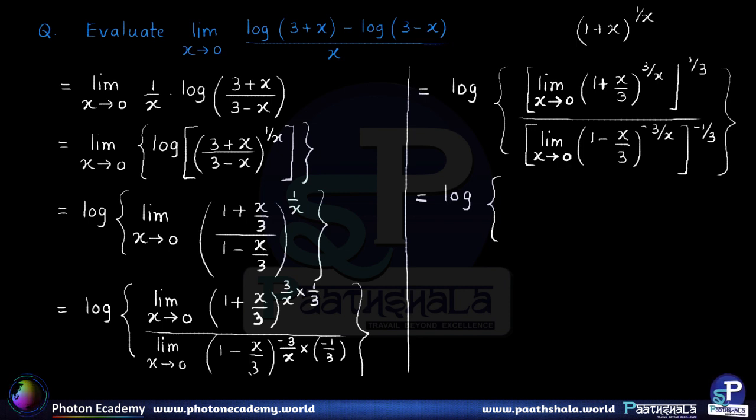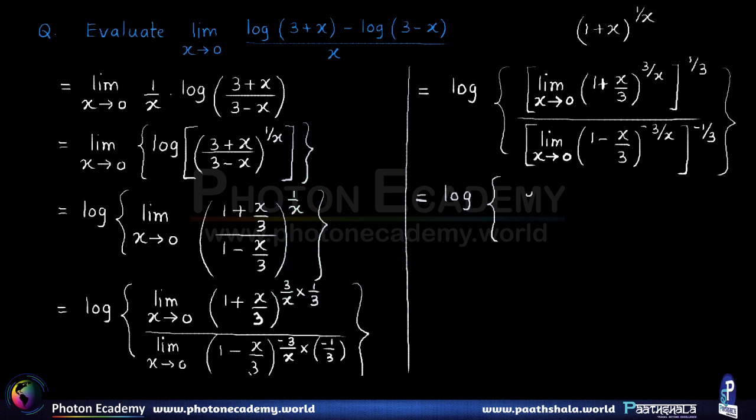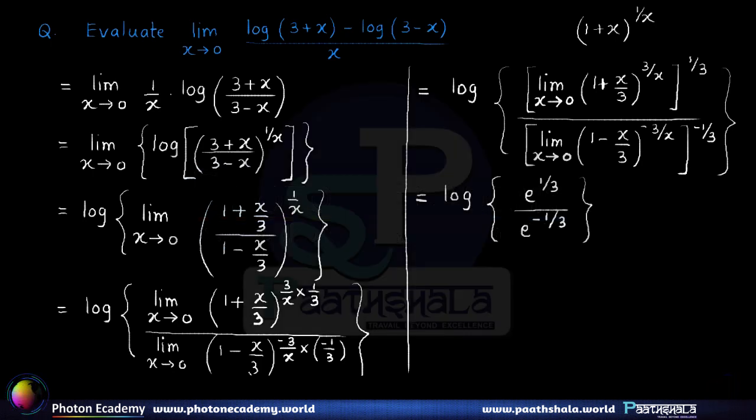So it's clear that as x tends to 0, obviously x by 3 will tend to 0 as well as minus x by 3 will also tend to 0. So that gives us the limit of the square bracket as e, and this is having the index as 1 by 3, whole divided by, in the denominator also we have the limit as e, but its index is minus 1 by 3.